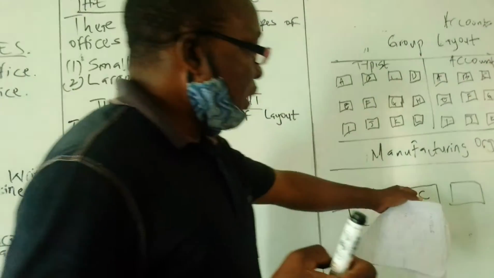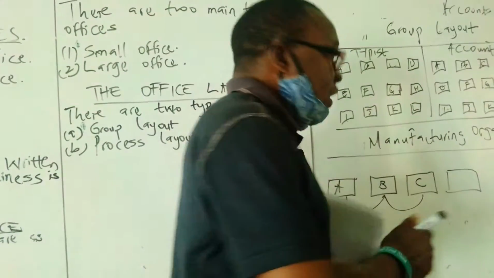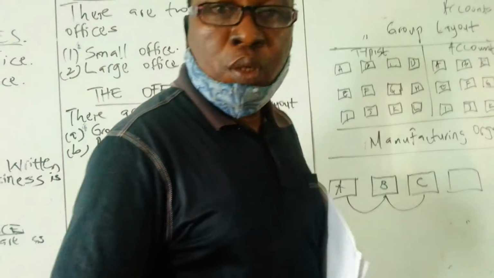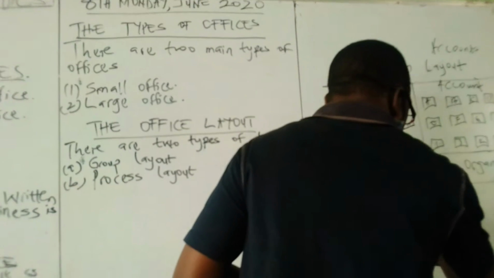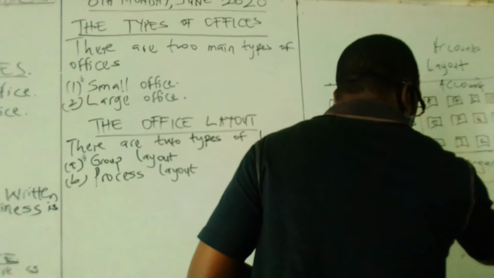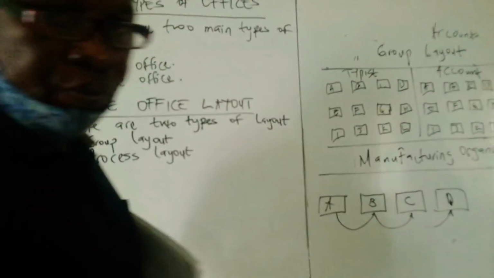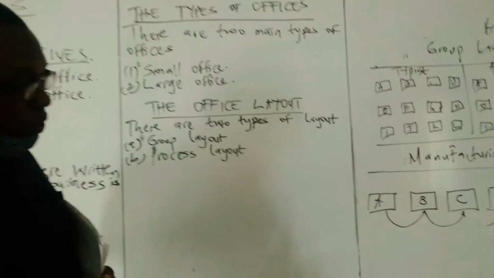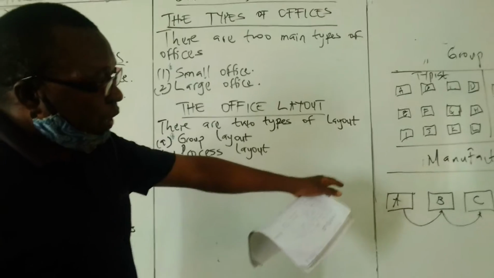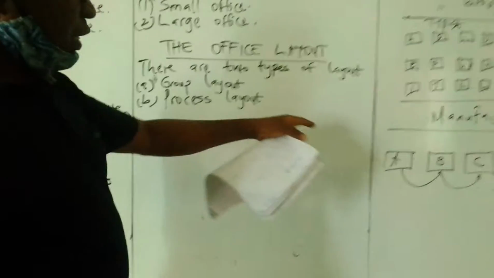Then after they have been processed, they will transfer the finished product into the storehouse, what we call the warehouse. Is that clear to you? This system is what we know as a process layout.